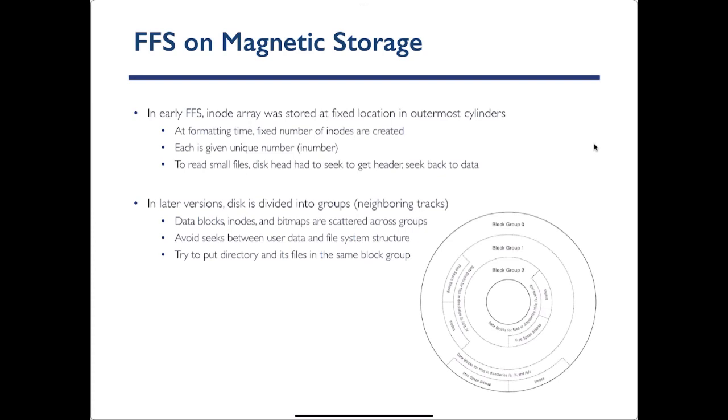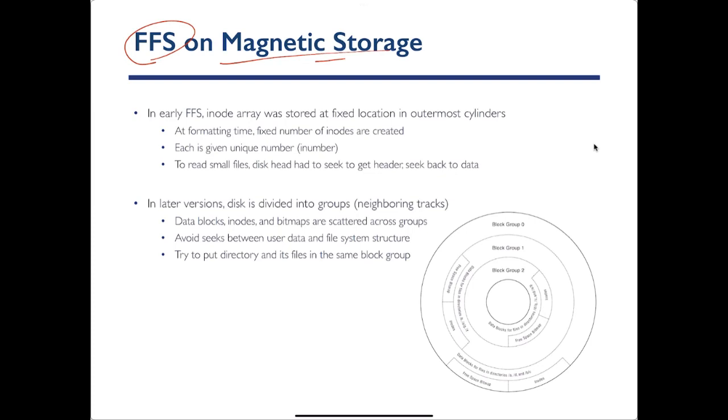This is the inode array. So, FFS, a little bit of history. FFS was really optimized for HDDs, for hard disk drives. They did so many smart things to make FFS work fast on hard disk drives, on magnetic devices, because magnetic storage was very common at the time that FFS was introduced.